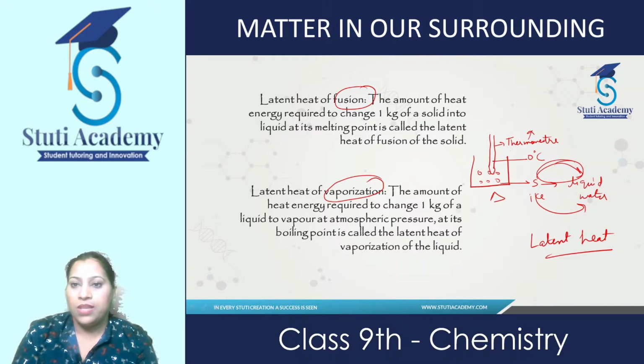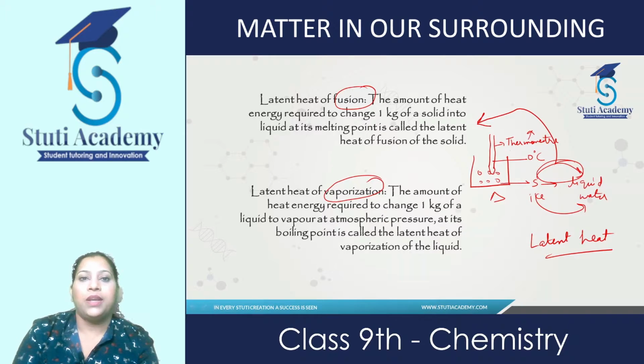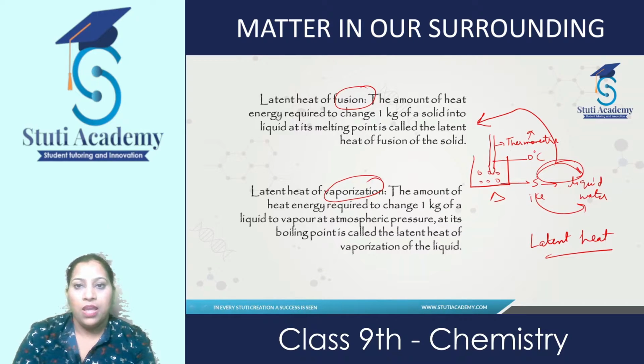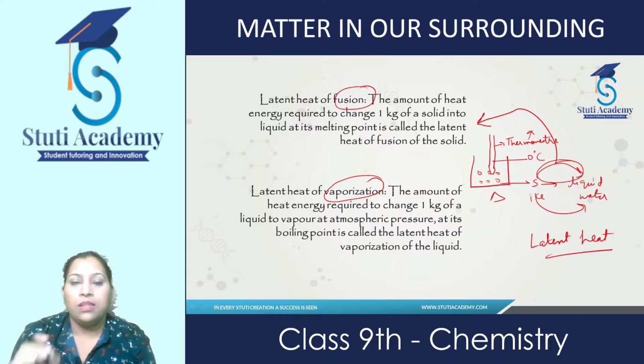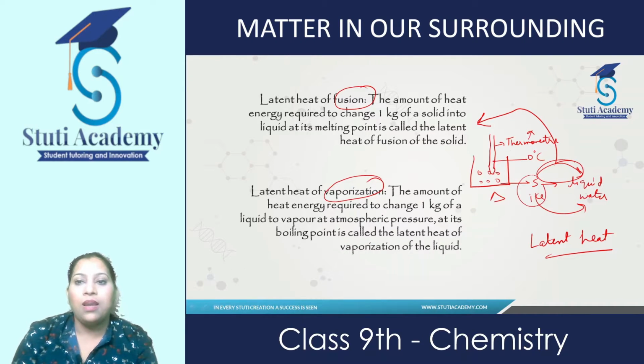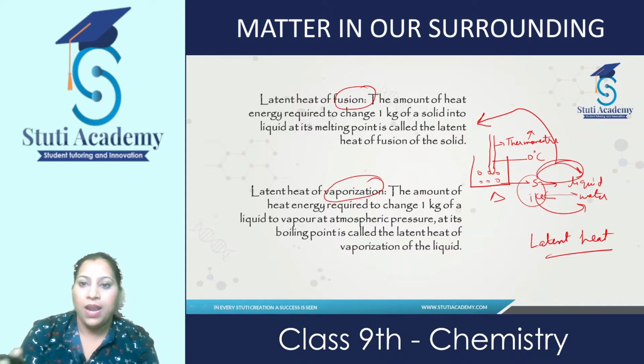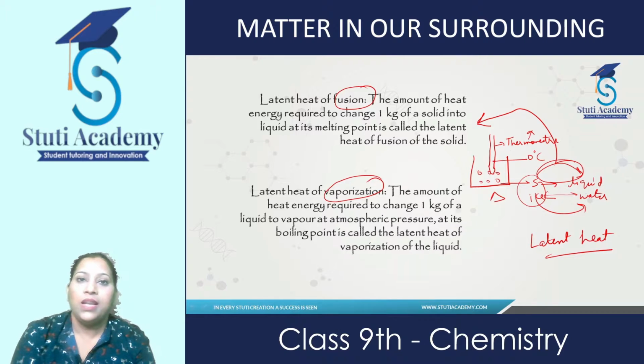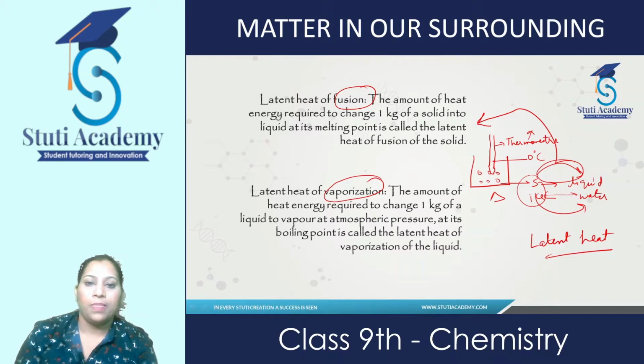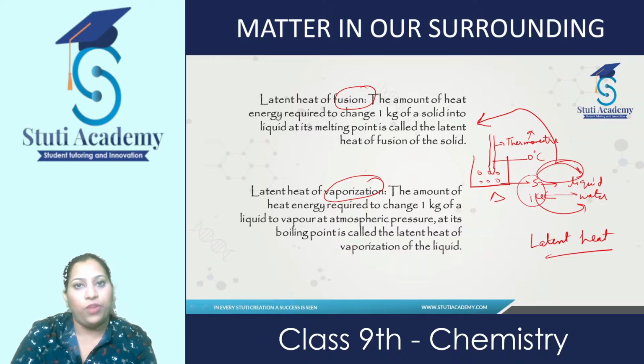So here this heat is latent heat of fusion, in which solid changes into liquid without increasing the temperature, and we see the increase in temperature only when the entire ice changes into liquid. In the meanwhile, there is no change in the temperature, and this heat is known as latent heat of fusion. Now, latent heat of vaporization.